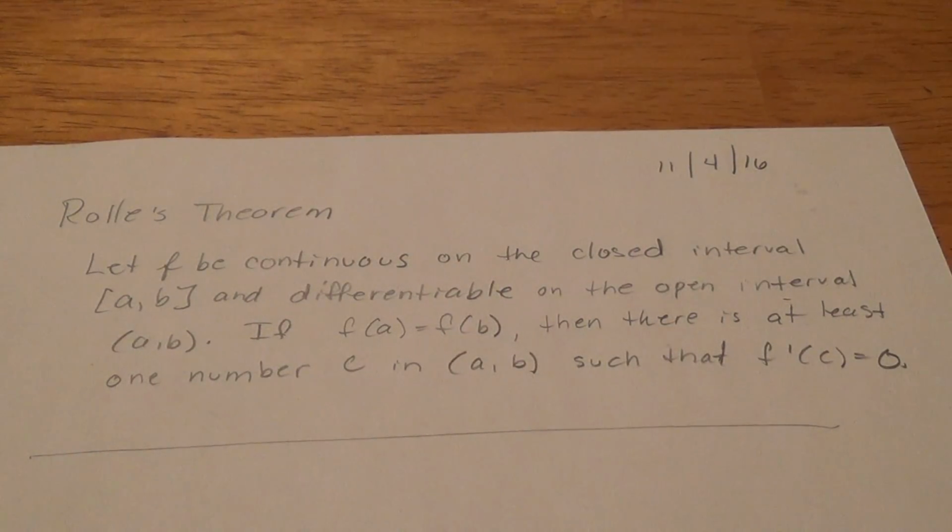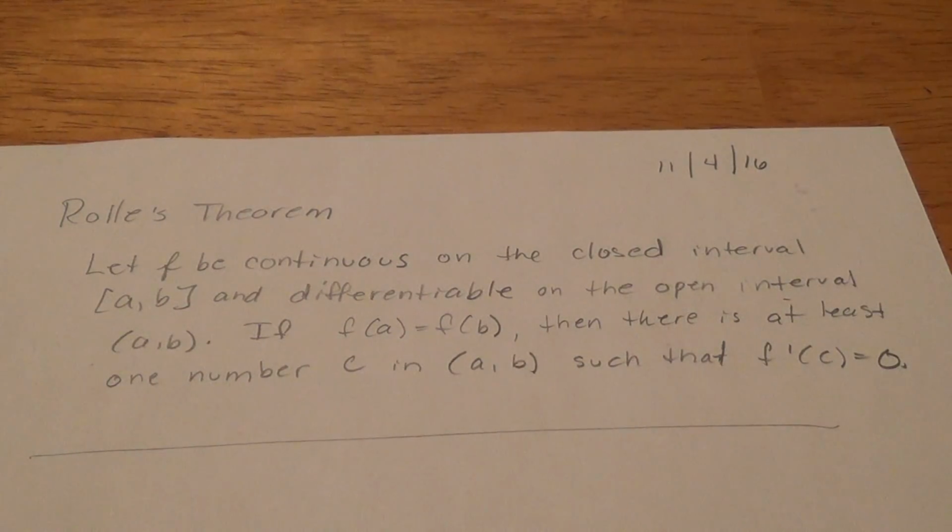The slope at an endpoint cannot be drawn. We wouldn't know which way to draw the tangent line to observe its slope. So that's why we indicate differentiability is on the open interval.